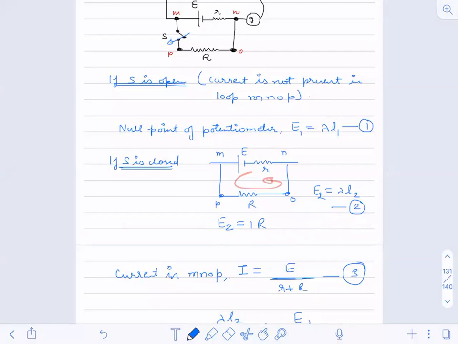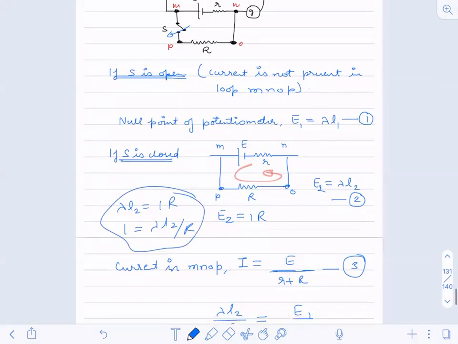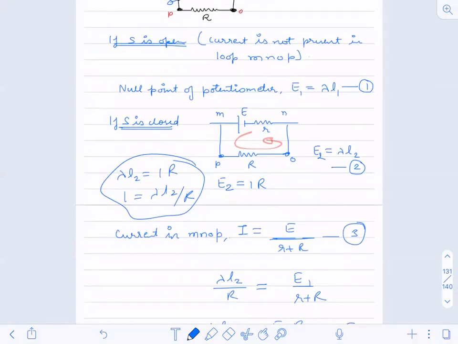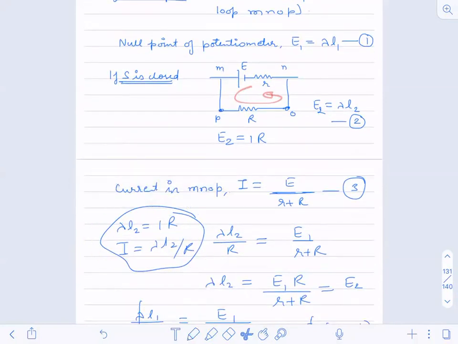Now I have equated this. From here, lambda L2 is equal to I into R, so I have written the I value as lambda L2 by R. Understood? Instead of I, I have substituted lambda L2 by R. Now lambda L2 by R is equal to E1 by r plus R, where small r is the internal resistance and capital R is the external resistance.